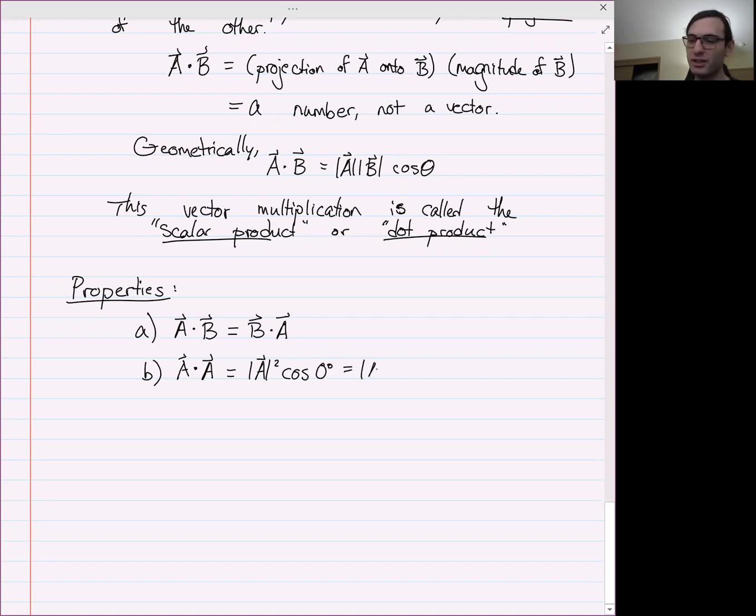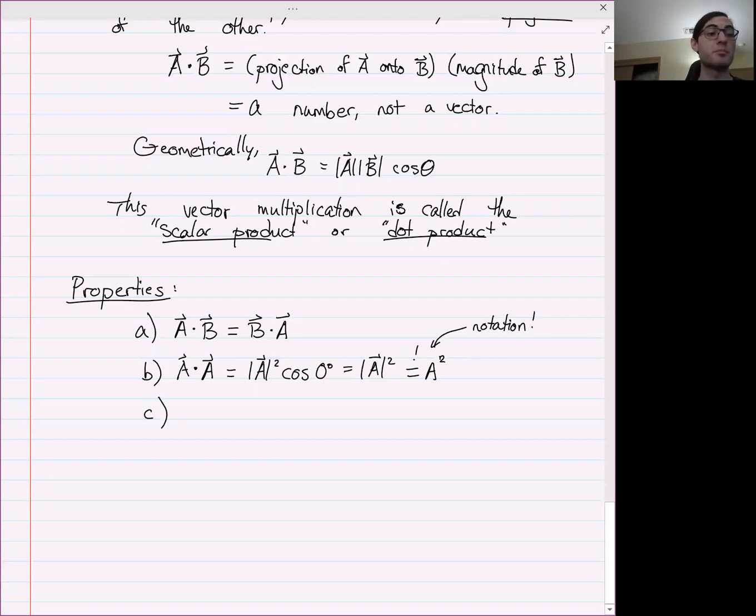So this is just the magnitude of A squared. And so sometimes I'll use this notation where I'll just write A squared, where I drop the arrow to indicate the magnitude. So this is just the magnitude squared. It's just the notation that I'm using.